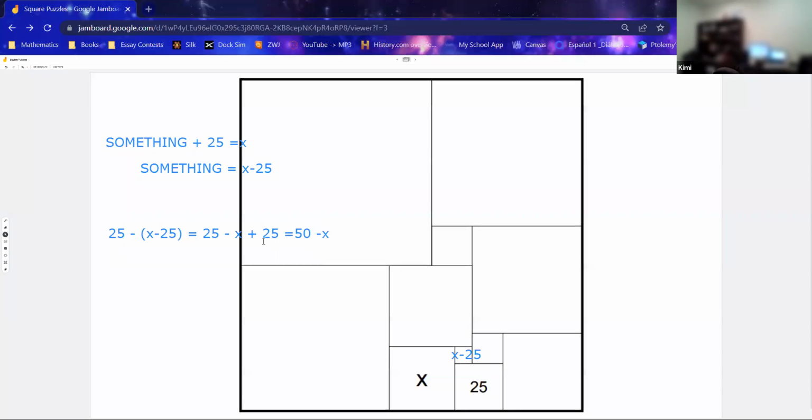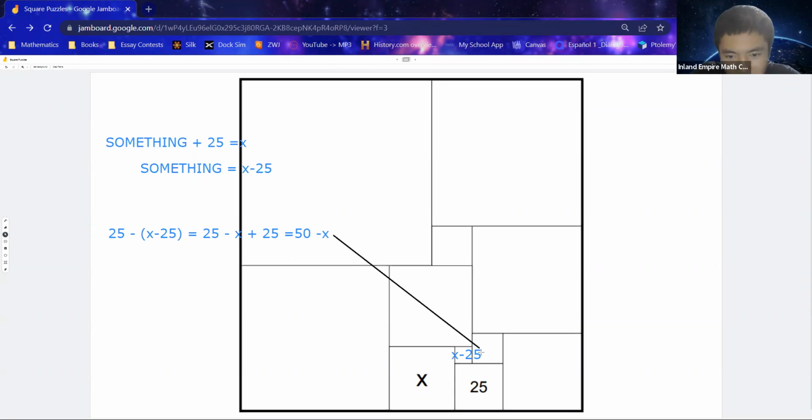Oh, I get it. Because 25 minus (X minus 25) is basically 25 minus X plus 25, and that's just 50 minus X. I don't want to write another small one in there, so I'm just going to label it like this. You guys understand what it means, right?